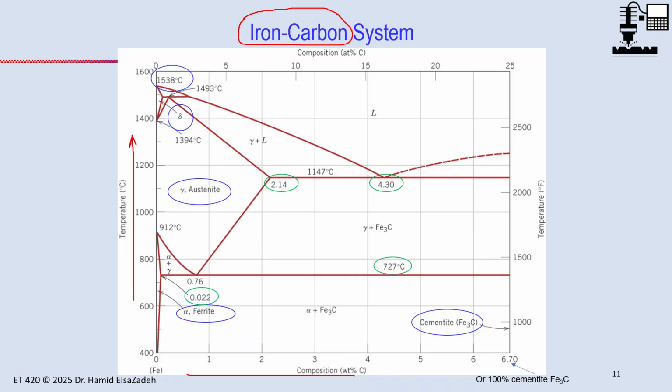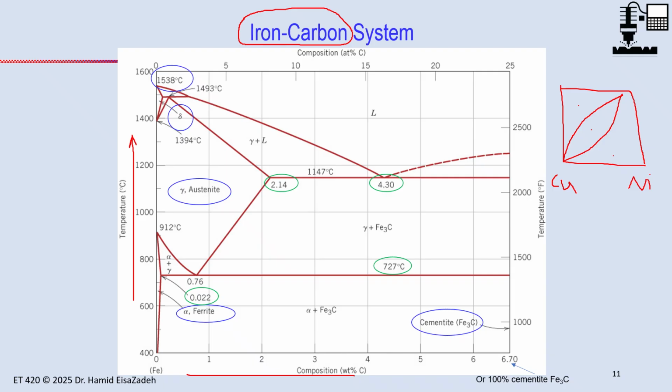One thing that you can notice is that this is much more complicated compared with the binary system of copper and nickel. In copper and nickel, we had only 3 regions, but here we have many more.